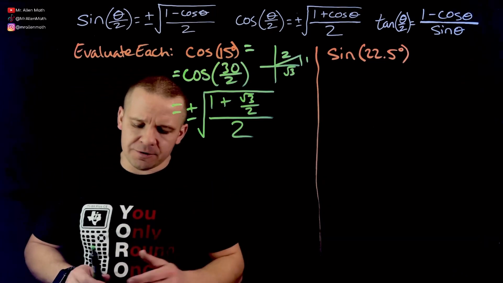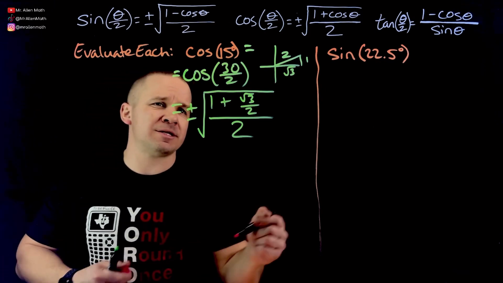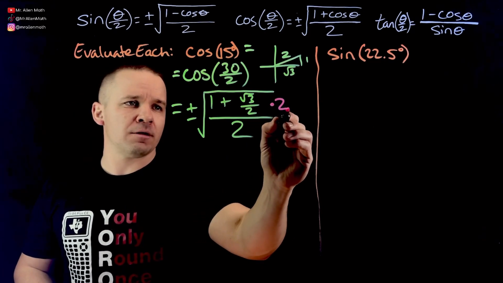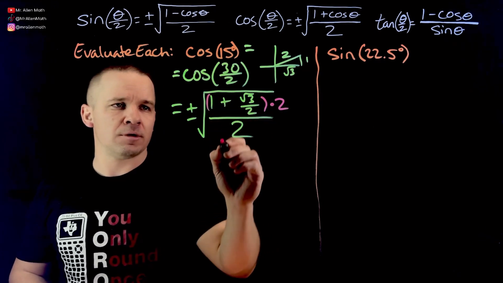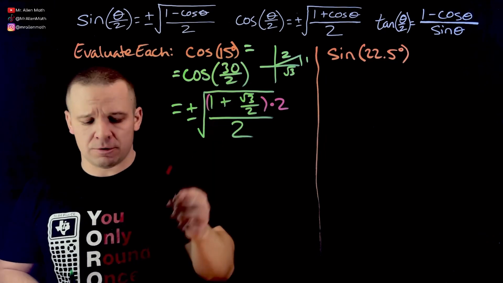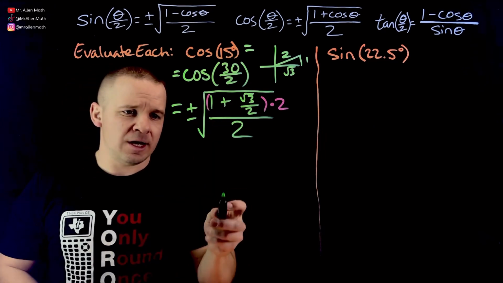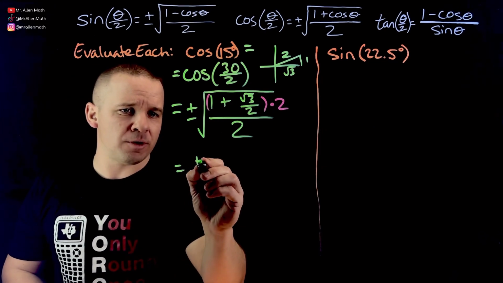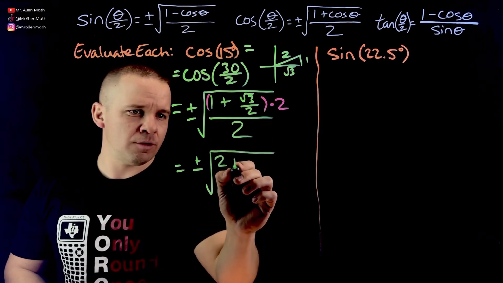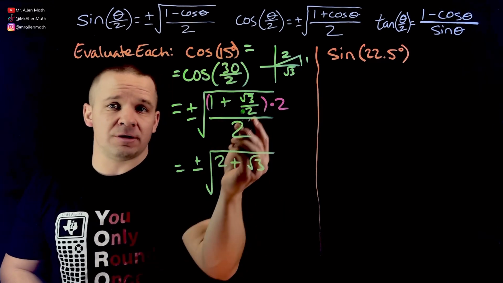All right, so now let's clean this thing up. Well, here's the deal. One thought, anyways, is I got root 3 over 2. Now, if I were to multiply this numerator, the whole thing, everything, by 2, that would get rid of my denominator there, and it would make this guy 2. So what I'd have here is equals plus or minus the square root of, I'd have 2 plus root 3. It'd get rid of the fraction in the numerator, right?